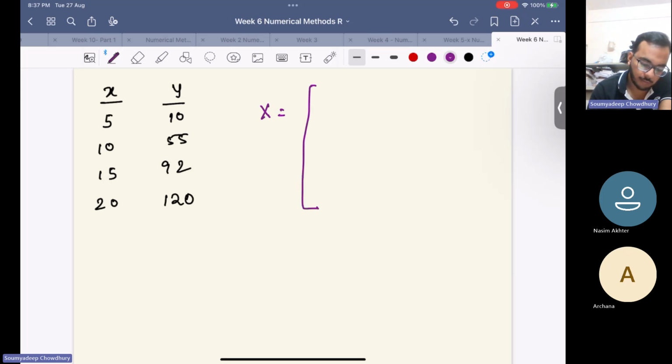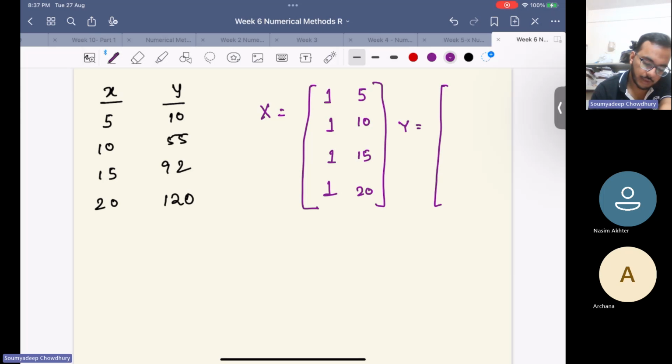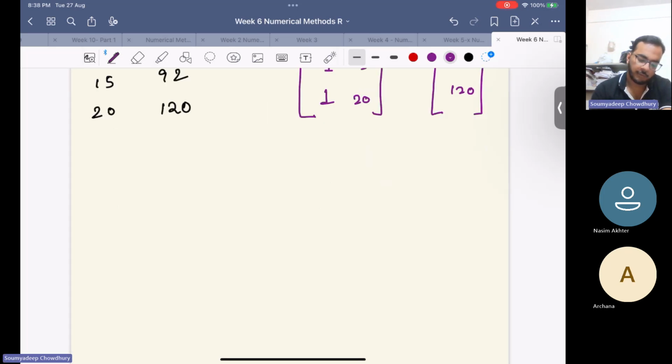What is X? 1, 1, 1, 1. So there are 4 elements here, and here you have 5, 10, 15, 20. Y is basically 10, 55, 92, 120.